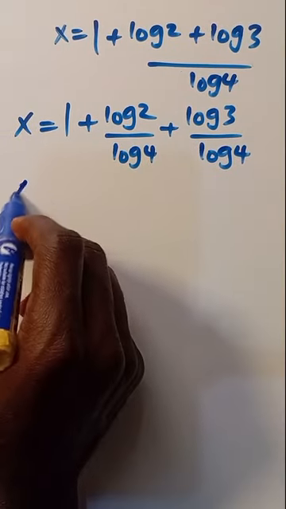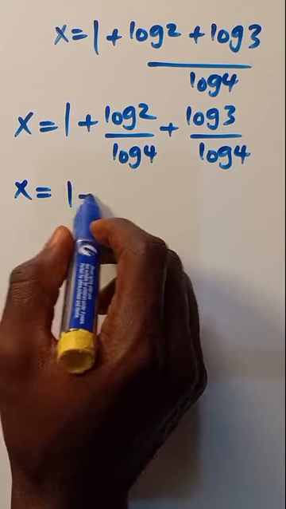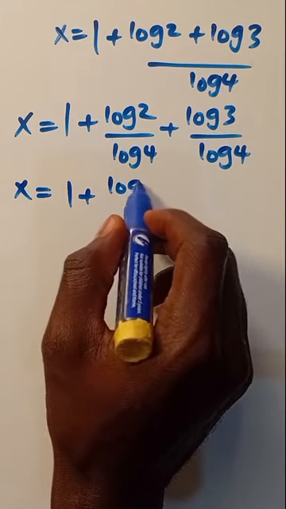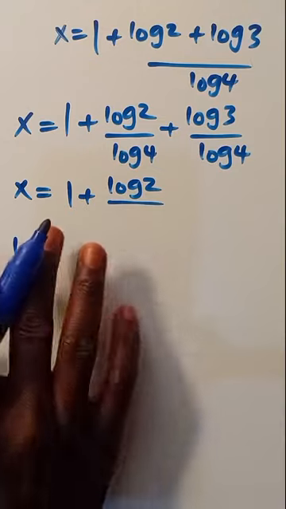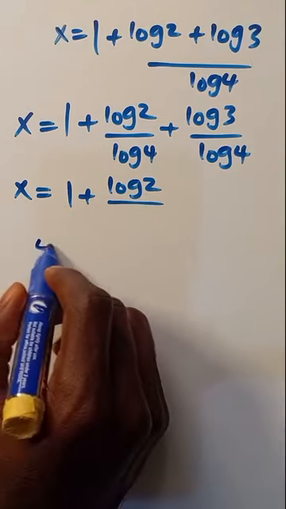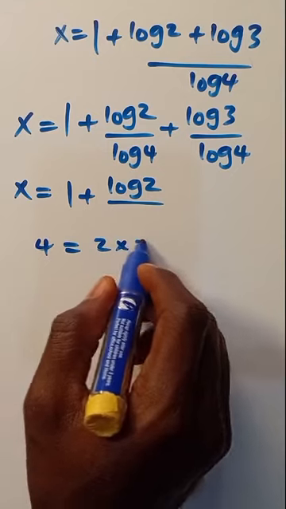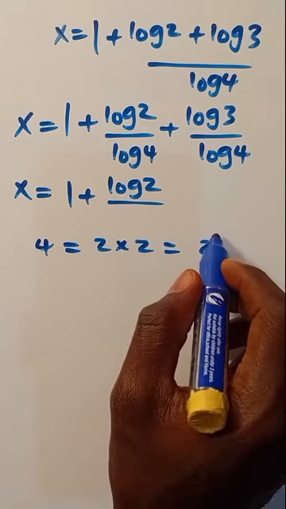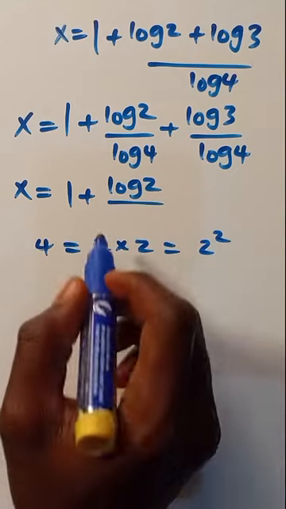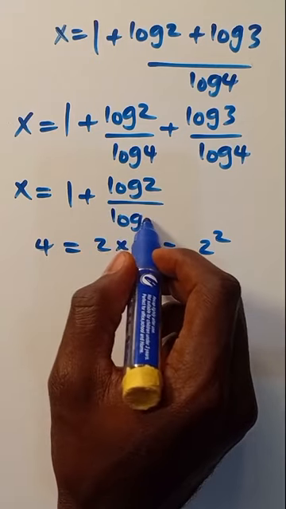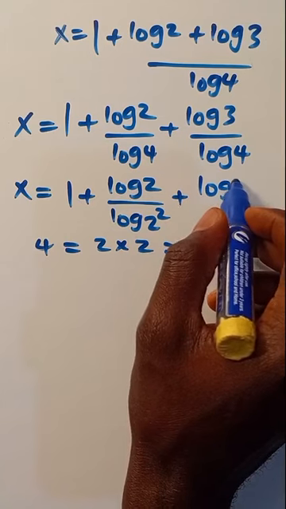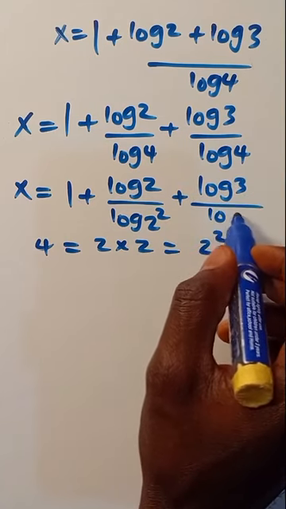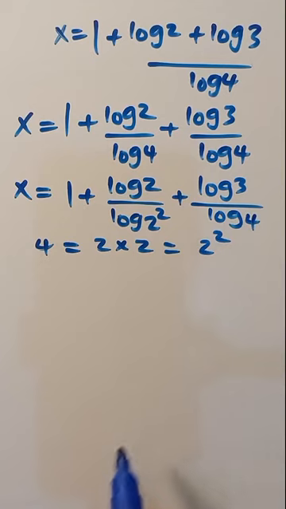So we have x equals 1 plus log 2 over... we can have 4 as 2 times 2, which equals 2 to the power of 2. So here will be log 2 over log 2 to the power of 2, plus log 3 over log 4, leaving this one in 4.